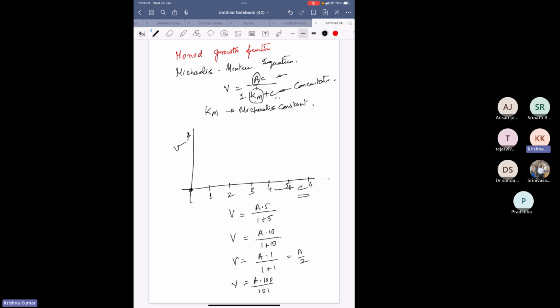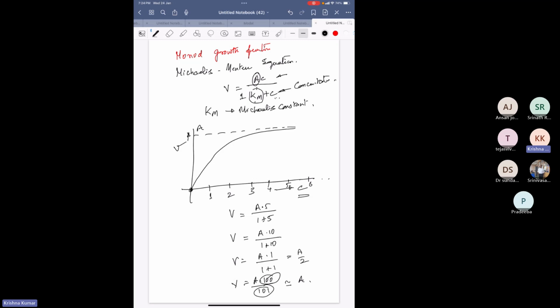You would notice that as C increases, this value and this value are very, very close. And so I can approximate it to A because they're very, very close. So the curve, how would it look like? It would go like that, increase, and then there would be no further increase. Even at 200, it will be 200 by 201, which is approximately equal to A. So if this is A, this is a very famous curve, and there are a lot of curves like that.